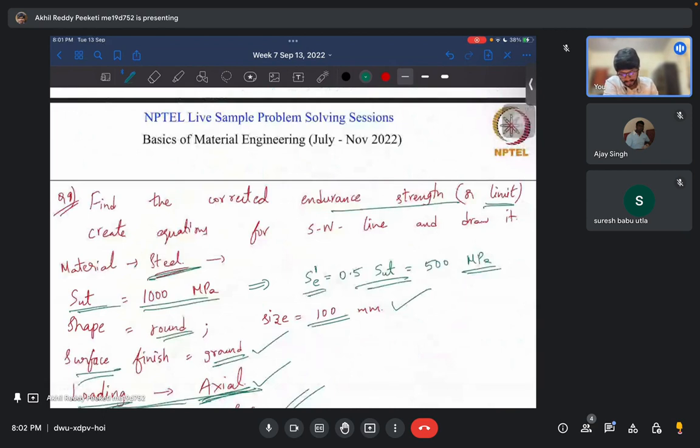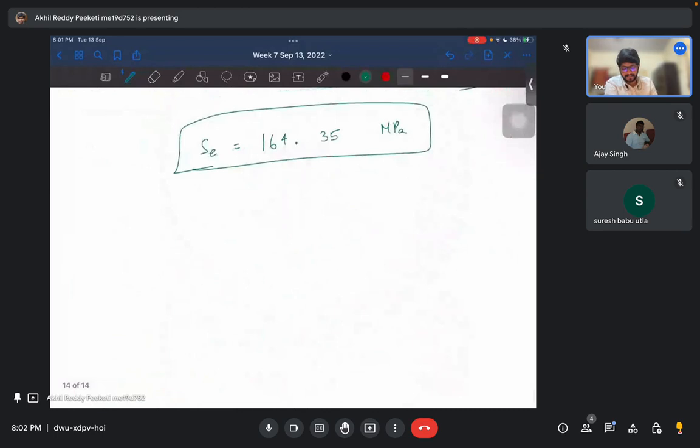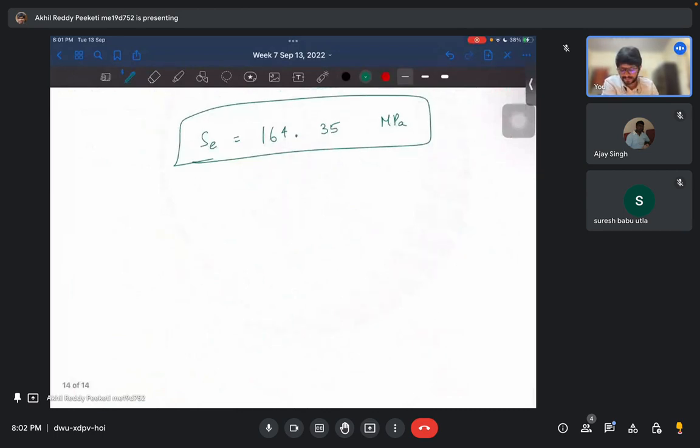And we are also asked to create equations for the SN line and draw them also. I will give you the initial things. Because this is given as ferrous, iron-based, this endurance will happen at 10 power 6 cycles, right? And at 10 power 3 cycles, what should be the SM?